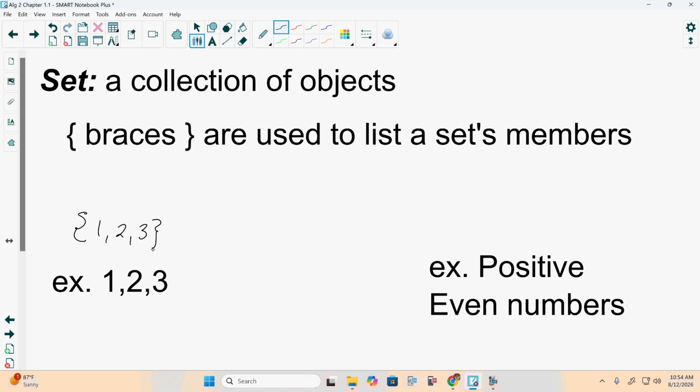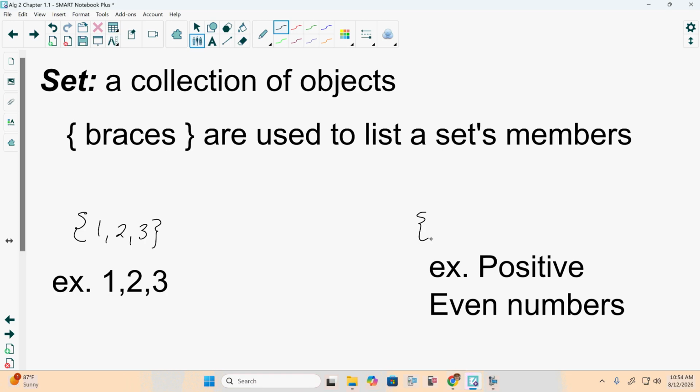Subsets are not as easy to list. Positive even numbers. Because what would be our first or our smallest positive even number? 2.